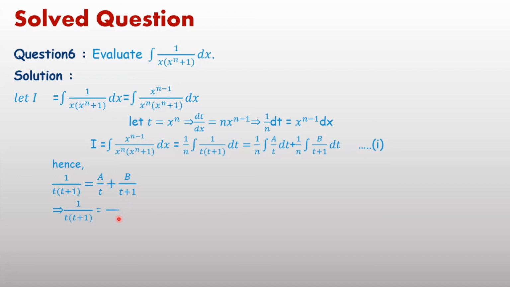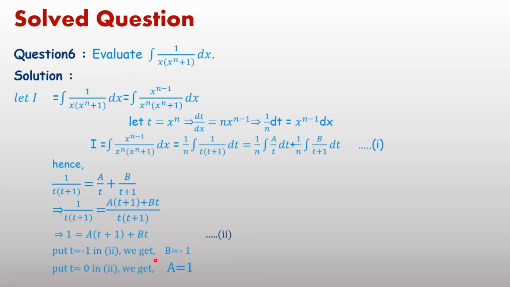Apply the same process by taking LCM, denominator cancels out. Then first put t equal to minus 1, we can find the value of b as minus 1, and if we put t equal to 0, then the value of a will be 1.